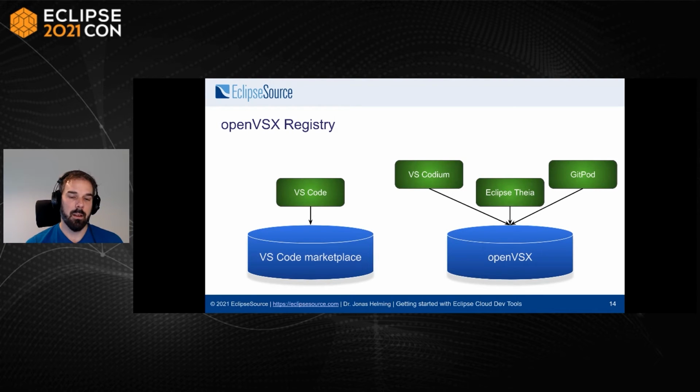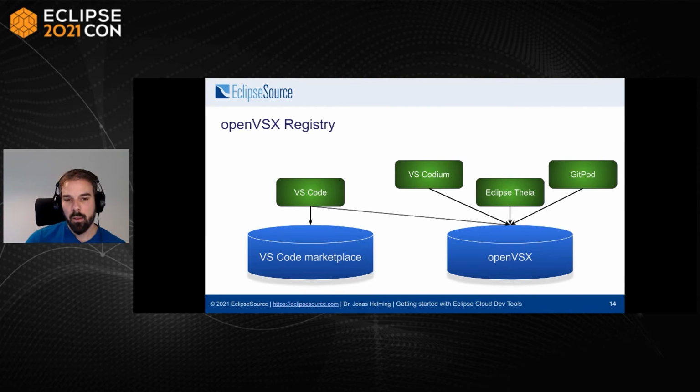And that includes any tool that is based on Eclipse Theia, like all the tools I've shown you before. Gitpod, for example, uses it. VSCodium uses it as a default. So it's a very open solution. And it contains, I would say, the most important extensions today. It doesn't have the same number as the VS Code marketplace, but I never saw something that I missed there. So it's really a good alternative.